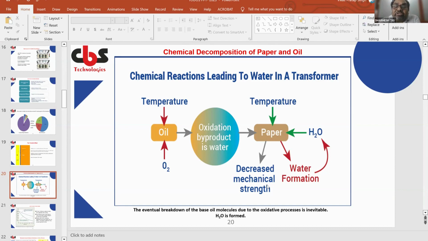After oxidation takes place, the paper's mechanical strength is decreased, and water formation is there, and the eventual breakdown of base oil due to the oxidative process forms water, and this deteriorates the cellulose part of the transformer. Next.